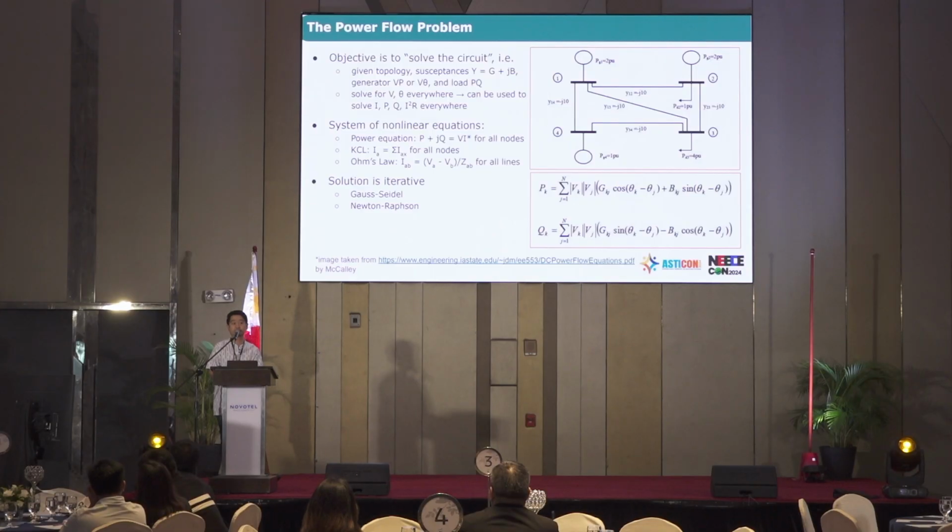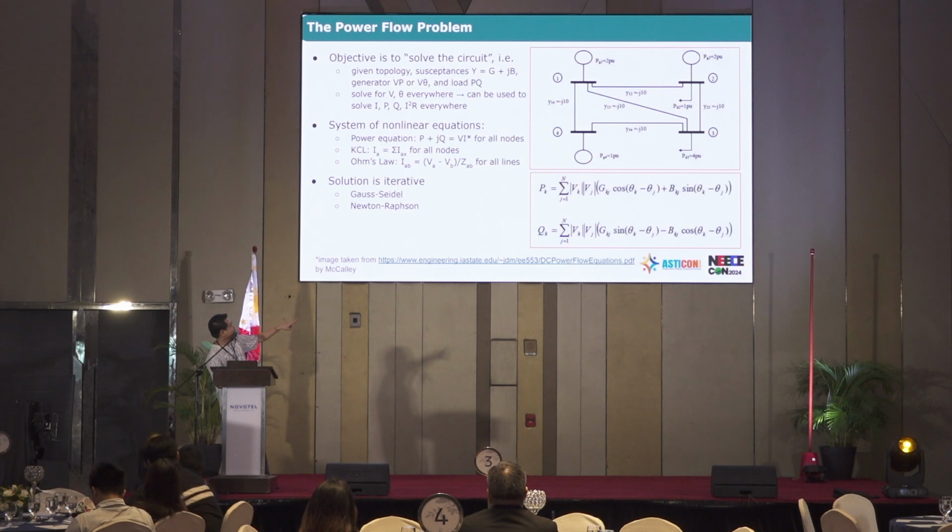And from this circuit, we want to solve for the voltage and voltage angle everywhere. So sa lahat ng node, gusto nating ma-solve yung V and theta, and we know that once we already solve for the voltage and the angles, kaya na nating ma-solve yung ibang parameters ng network, like the current, real power, reactive power, and losses, I squared R. Okay, so essentially circuit analysis yung power flow.